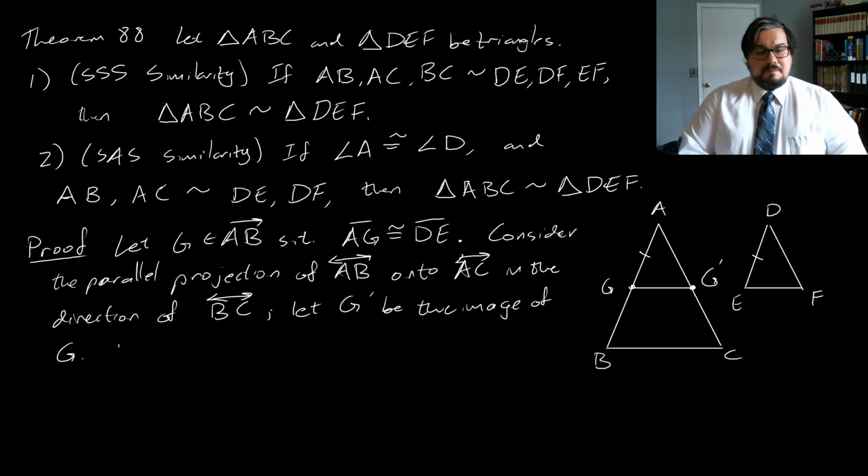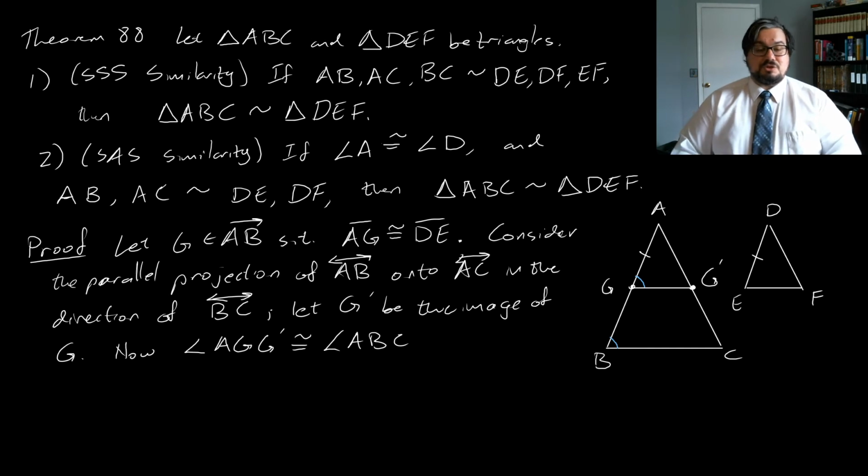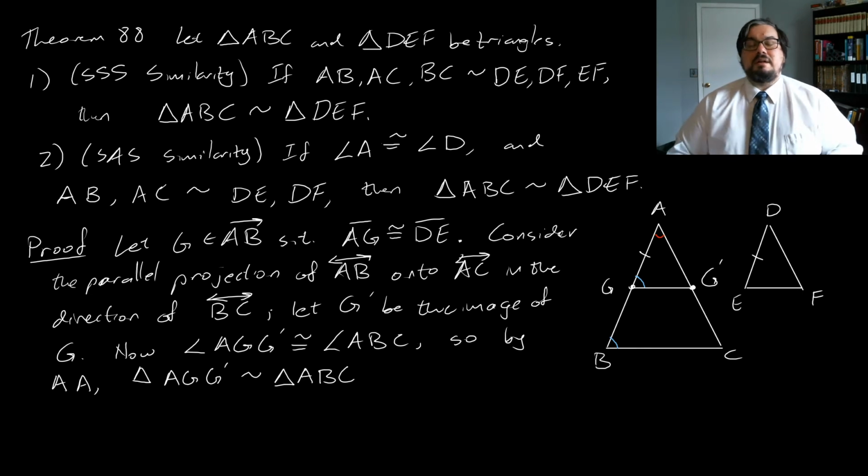Now, we have that angle AGG prime is congruent to angle ABC, just like we had before, because the line AB is a transversal of two parallel lines. So we have that the triangle AGG prime is similar to the triangle ABC. These two triangles share an angle A, so that's certainly congruent to itself.